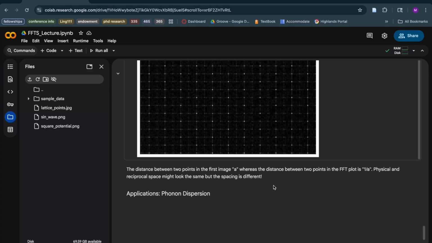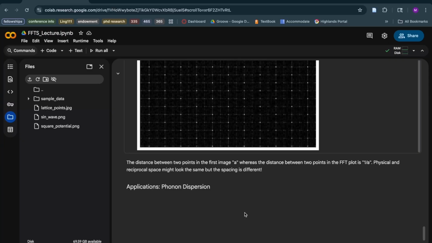But an important application of this is phonon dispersion. I don't really have anything to show you for this portion. I'm just going to describe what phonon dispersion is and why this matters here. I've done a little bit of research on this subject. It is really, really important and just one of many big applications in which fast Fourier transforms are important.